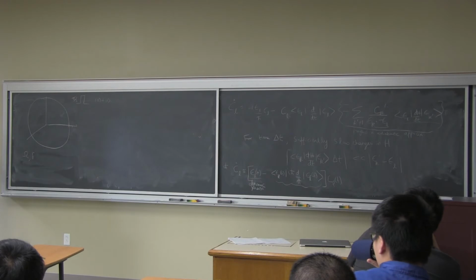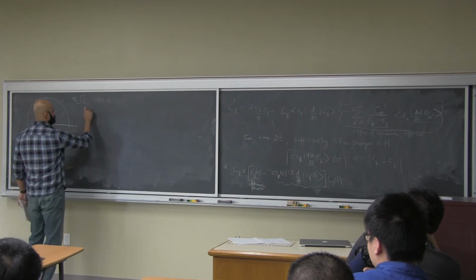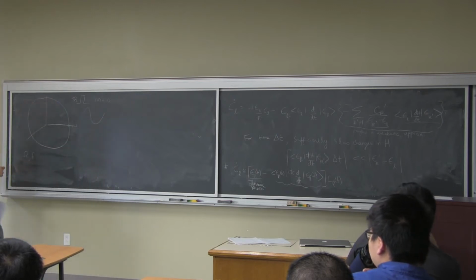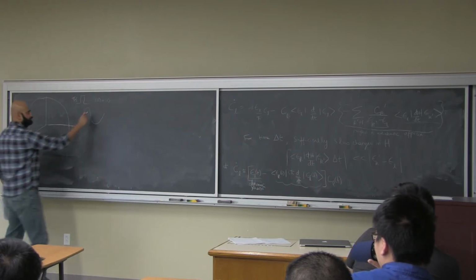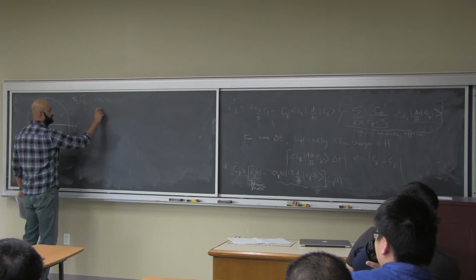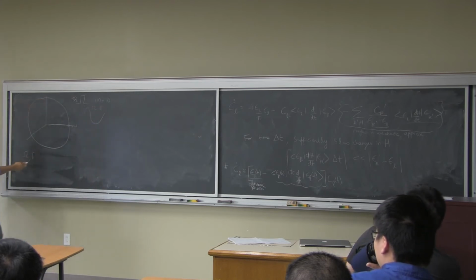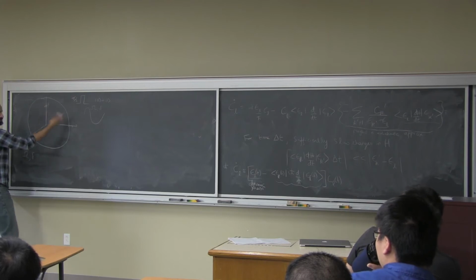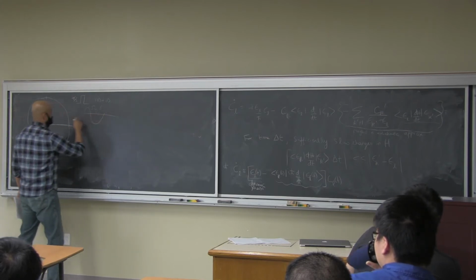And now I apply along with this some microwave field, which has some Rabi frequency omega and delta, which are functions of time. Let's, for example, fix the delta of this extra microwave field.